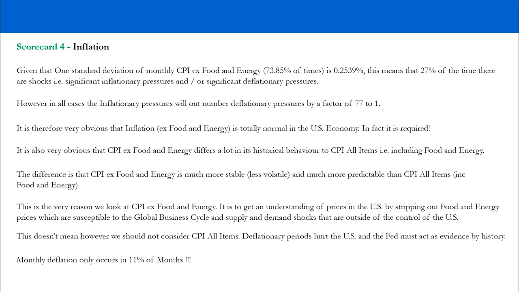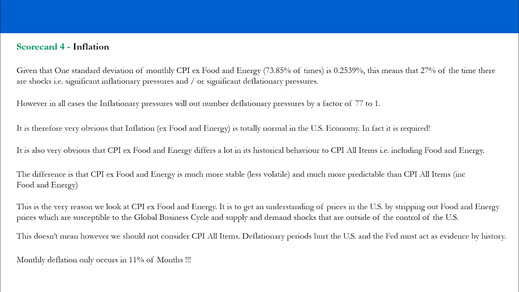It's to get an understanding of prices in the US by stripping out food and energy, because they're susceptible to the global business cycle and supply and demand shocks that are outside of the control of US authorities. However, this doesn't mean that we shouldn't consider the CPI all items, including food and energy.